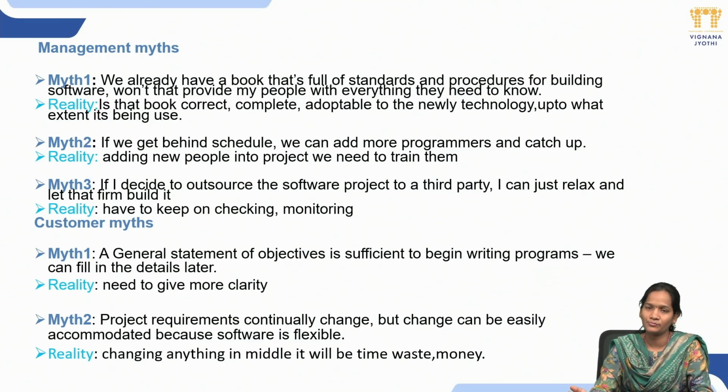See, actually we have a book, something is there in that book, but the reality is whether the book is updated, or whether the book has the necessary information, everything we need to check about that book. That is myth one from the management side. So before going to develop the software, what the management will think is, okay, whatever the things we are providing, that is enough for developing the software.